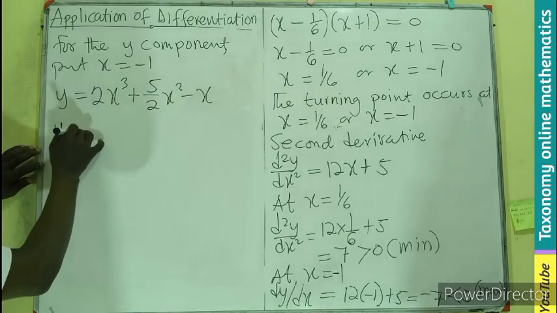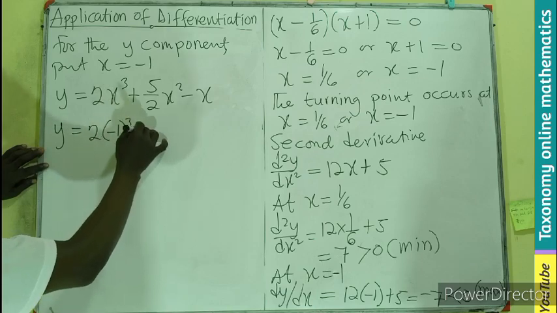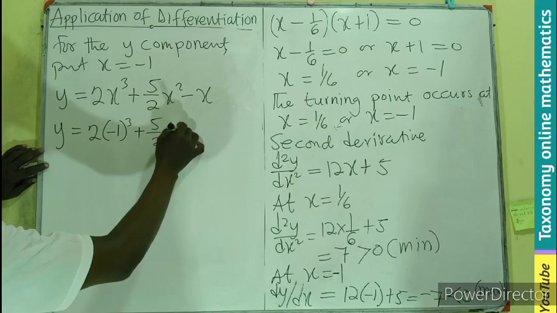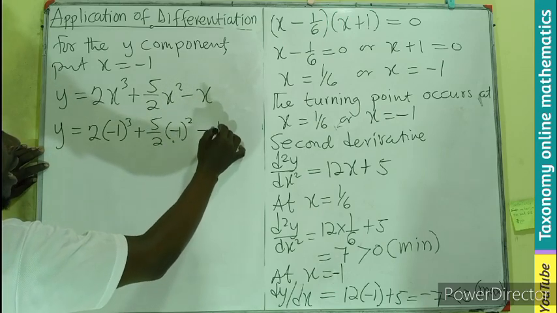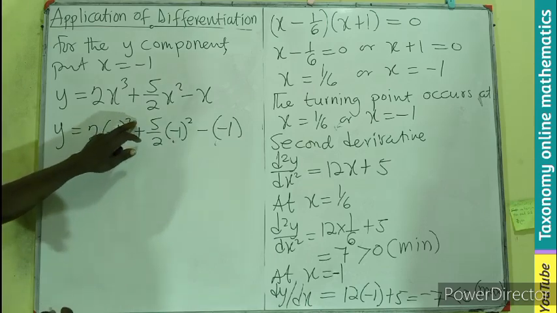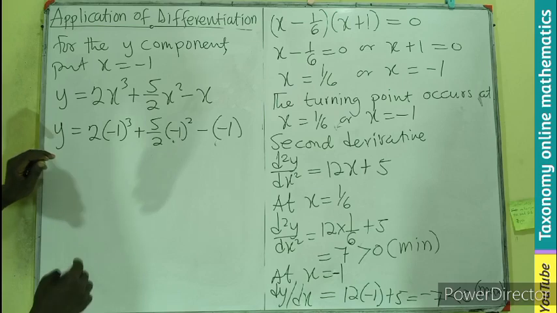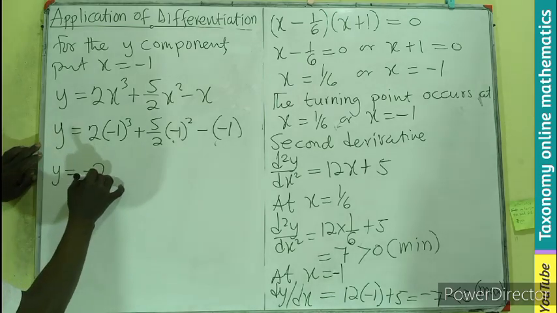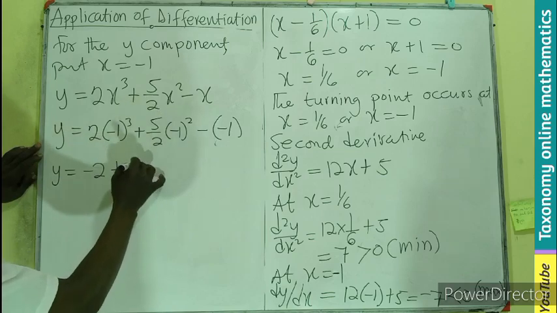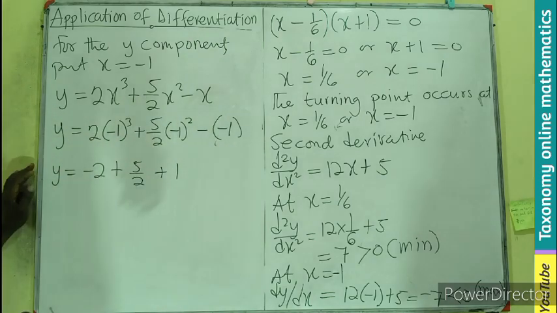So y will be equal to 2 into bracket -1 to the power 3, plus 5 on 2 times -1 squared, minus -1. Don't forget, since this is an odd power, this will give you negative. So -1 times 2 will be -2. This is going to be positive, so I still have my 5 on 2, negative plus 1.